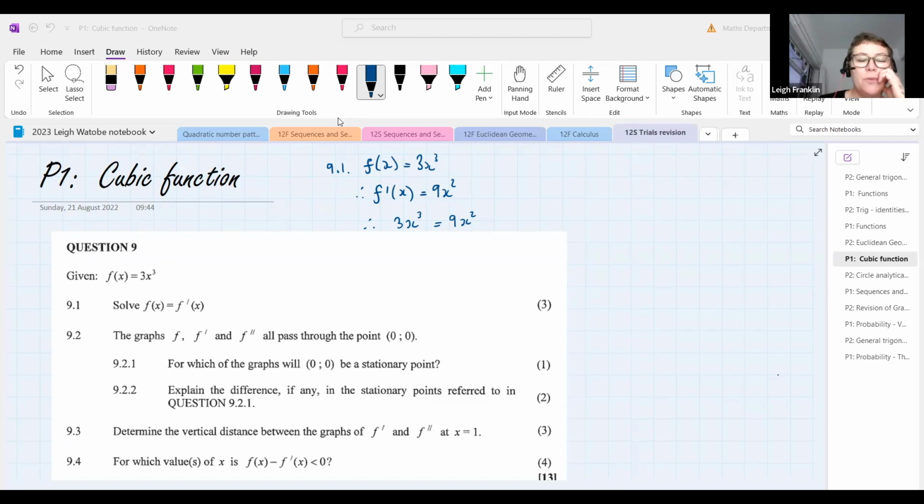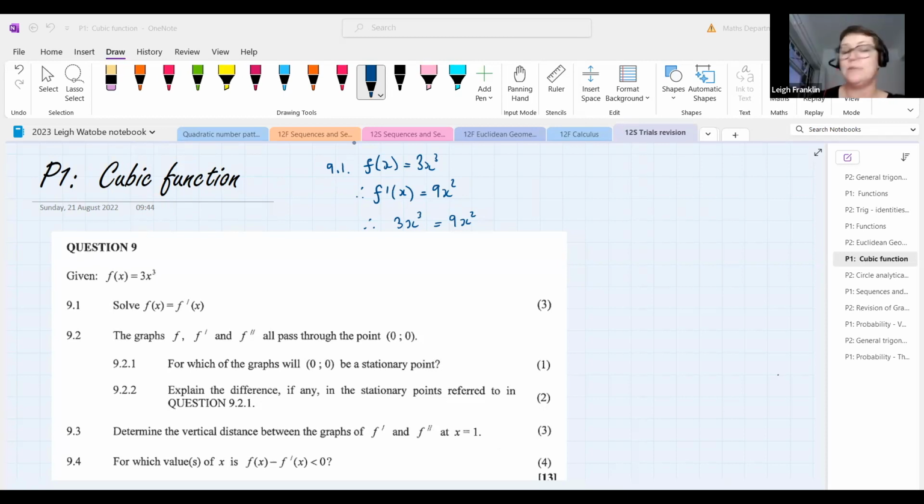Because now we've got to start with the mechanics of actually solving for x. So how are we going to do that? What should I do with the two terms that are on either side of the equal sign?